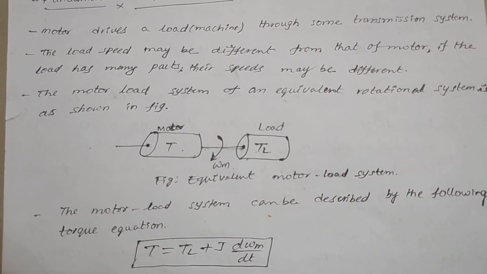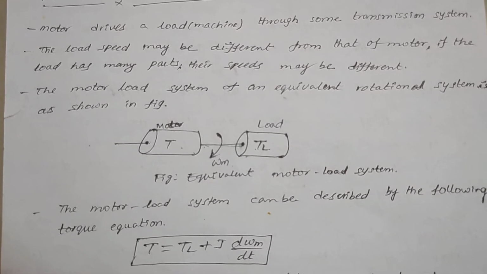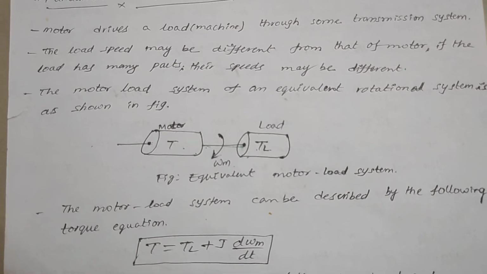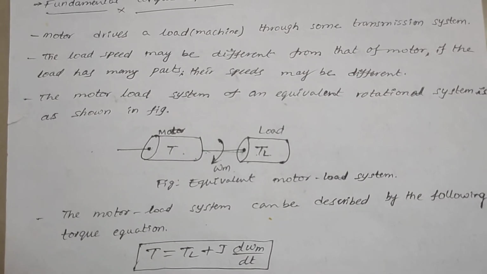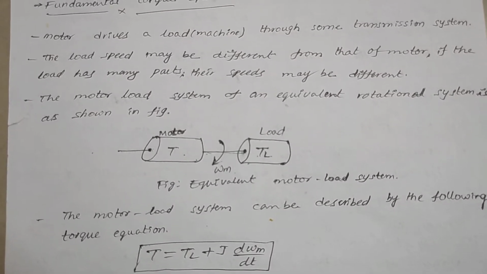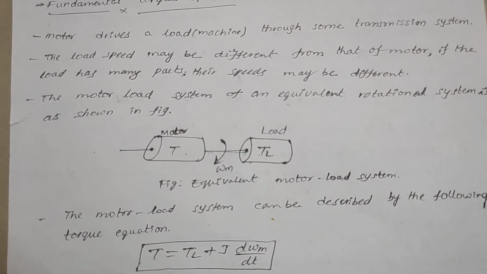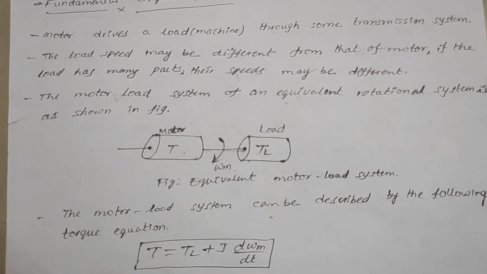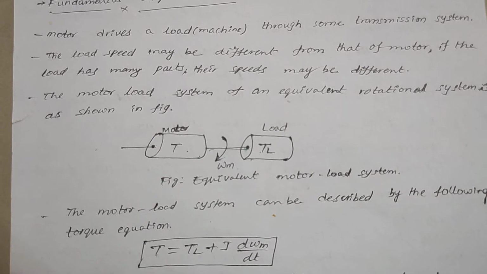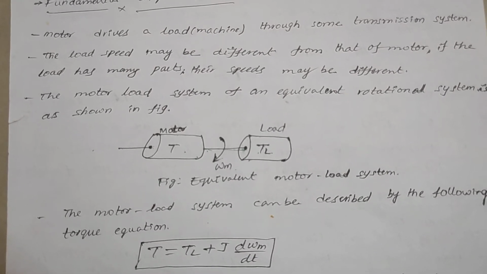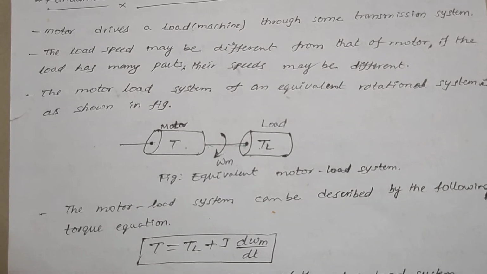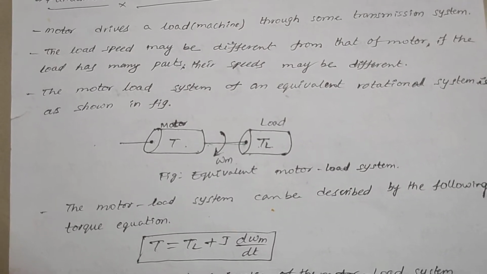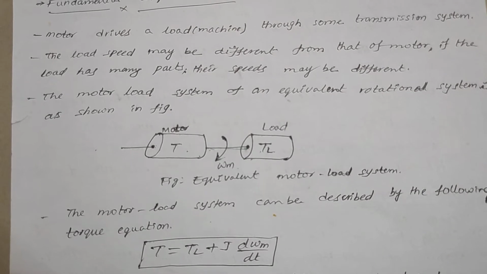That may be any kind of transmission system to meet the requirement of the load. As the motor is connected through the transmission system to the load, your motor speed and load speed are different, because the load has many parts and their speeds may be different.